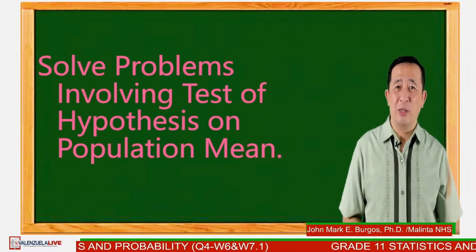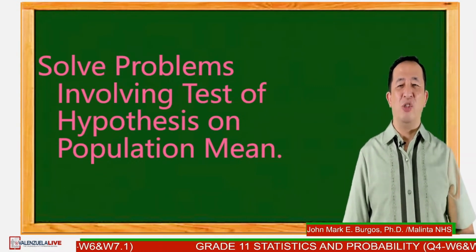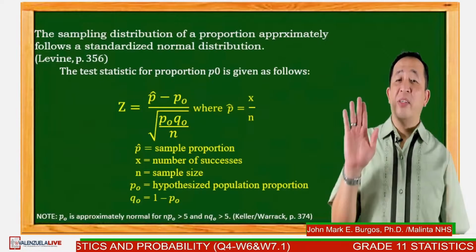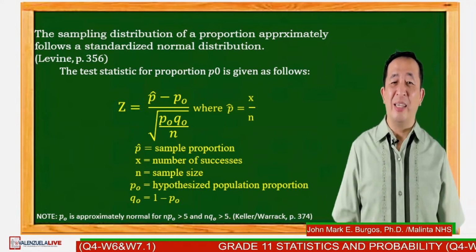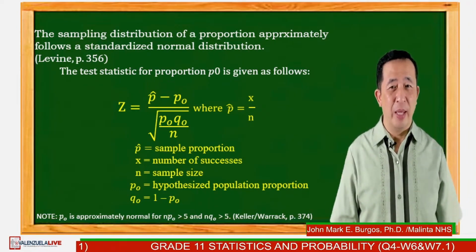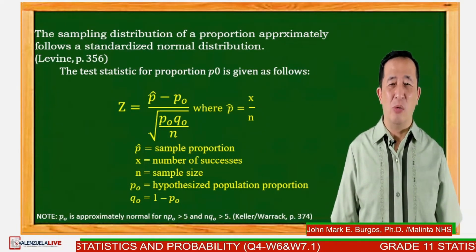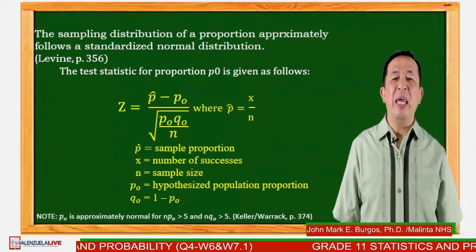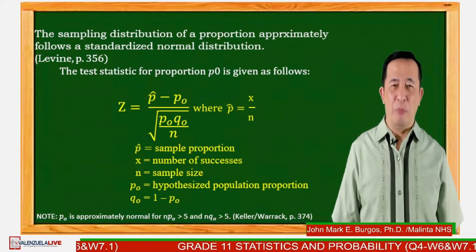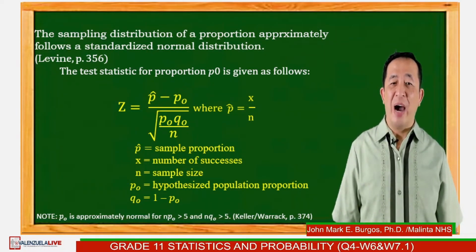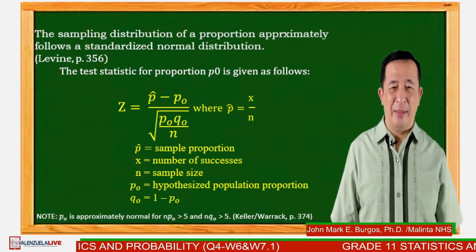Let's proceed to the next objective: solve problems involving test of hypotheses on population proportion. The sampling distribution of a proportion approximately follows a standardized normal distribution. The test statistic for proportion p sub o is given as follows: Z is equal to p hat minus p sub o over the square root of p sub o times q sub o divided by n, where p hat is equal to x over n.